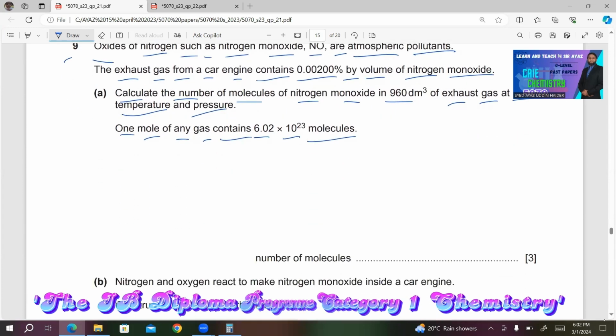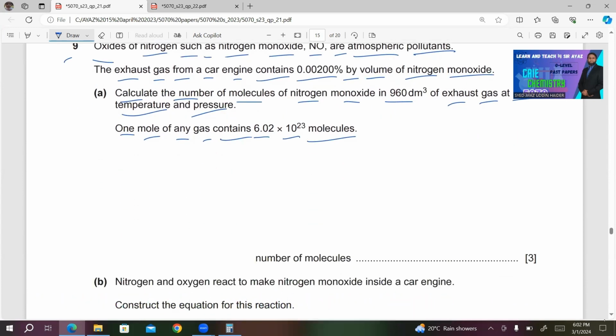So first of all, we need to calculate the volume of nitrogen monoxide. And it's mentioned in the question, they are saying 0.002% by volume of nitrogen monoxide in 960 dm cube.